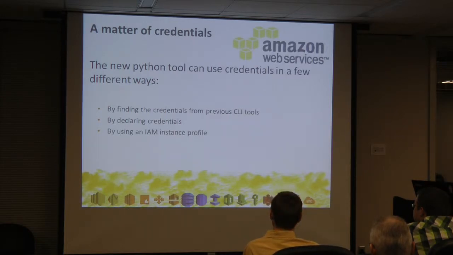Next is adding credentials. You can credential your AWS command line tool in a couple of different ways. If you have previous versions of the tool, the new CLI is smart enough to go out and find the credentials that you had previously. You can also declare credentials: go through the setup and put in the credentials you want.